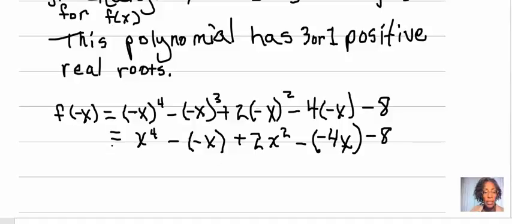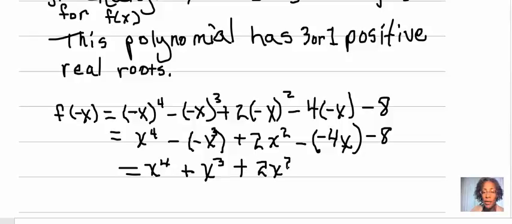Let's simplify these double negatives. So this becomes x to the 4th plus x cubed. You still have the power of 3 here, but this is now negative x cubed instead of the cube of negative x. So that becomes a positive x cubed plus 2x squared plus 4x minus 8.